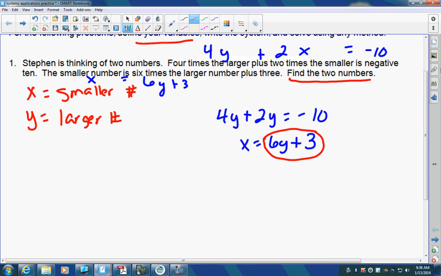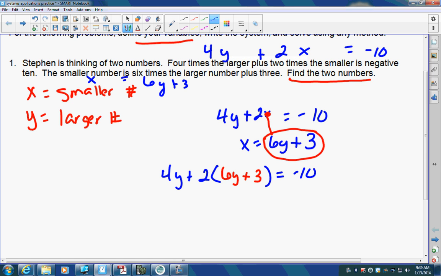See how it says 2y, not 2y, it was supposed to be 2x. There we go. So I'm going to take this and put it in for x. Make sure you put it in for the right letter. I get 4y plus 2 times, instead of x, what do I put in there? 6y plus 3, and that equals negative 10.